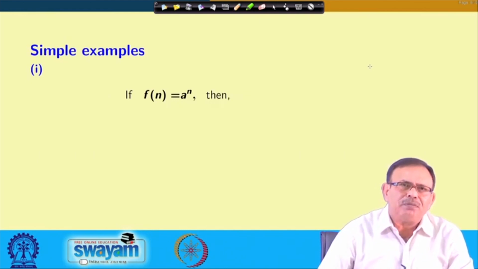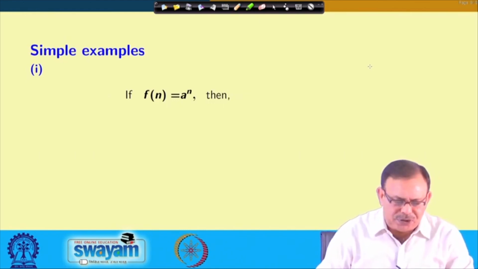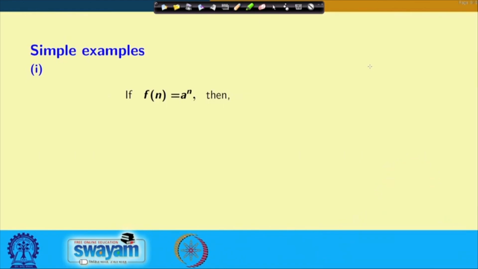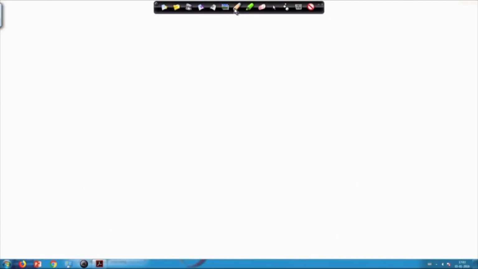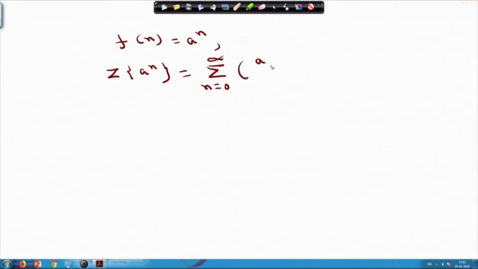Let us take some simple examples where we will try to find the z transform of some functions. Let us take f n equals a to the power n. In that case, the z transform of a to the power n, from the definition, equals summation n equals 0 to infinity f n into z to the power minus n.